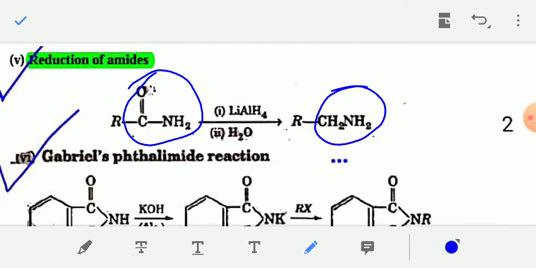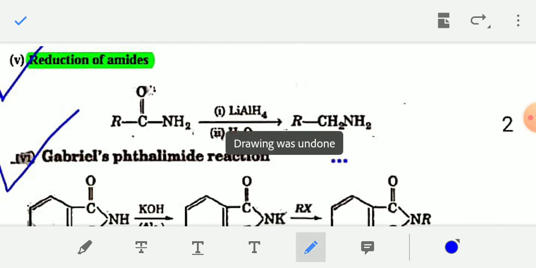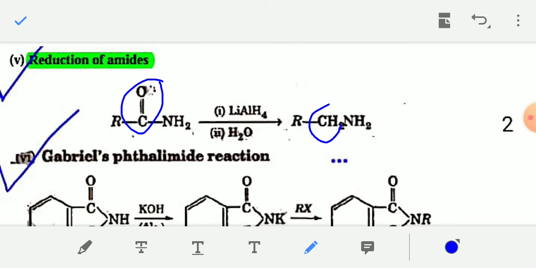That means the main change is that the CO group of amide is converted into CH2 group. When amide reacts with lithium aluminum hydride in the first step, and in the second step you do hydrolysis, finally you will get primary amine, and the CO group of amide is converted into CH2 group.